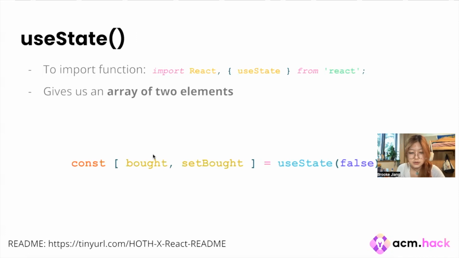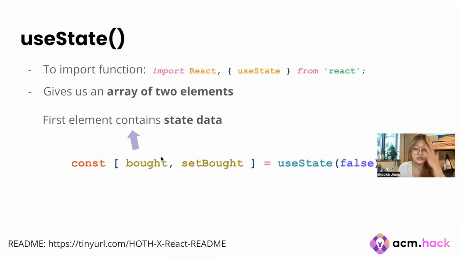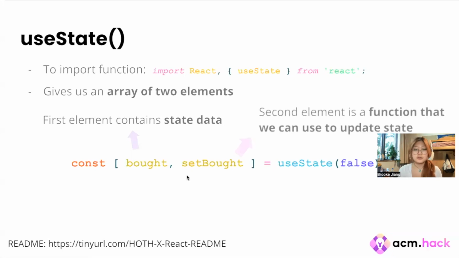The first element is going to be something that contains the state data. So the variable bought, because in our demo, we're trying to indicate whether something has been bought or it has not yet been bought. The first variable is going to contain a true or false value of whether or not it's been bought. And the second thing useState gives us is going to be a function with which we can change the state.